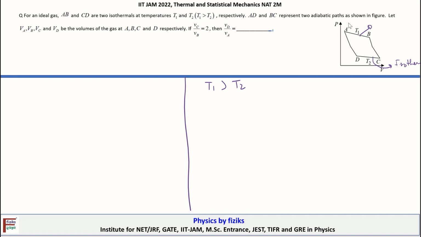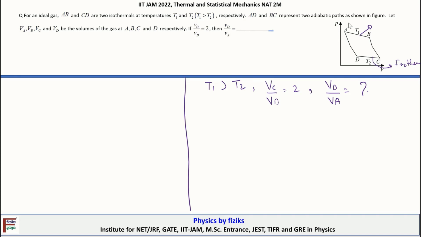Let VA, VB, VC and VD be the volumes of the gas at points A, B, C and D respectively. It's further given that the ratio of the volumes at points C and B, VC by VB, is equal to 2, and we are asked to find the ratio of the volumes at point D and point A.